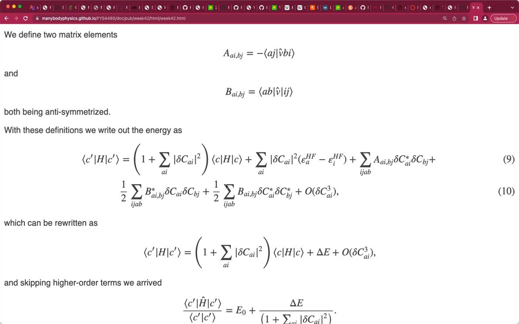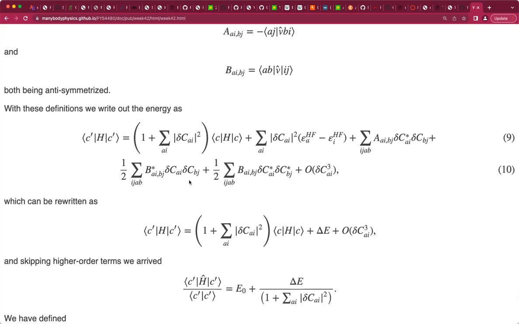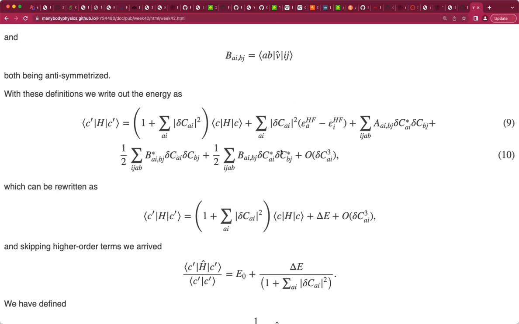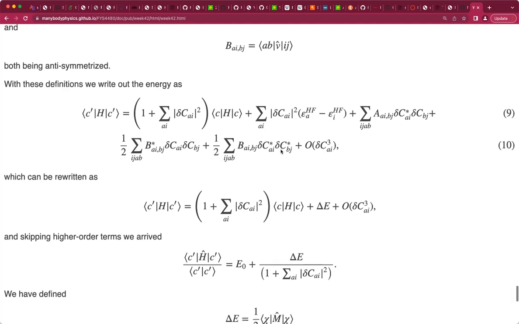But if you now look at the equation which you have here, so now we are looking at the sum of all these indices. This is something which we can rewrite in terms of a matrix problem. If you look at what we have here, we can pick this term with 1 plus this delta Ci squared, and just keep that one outside.